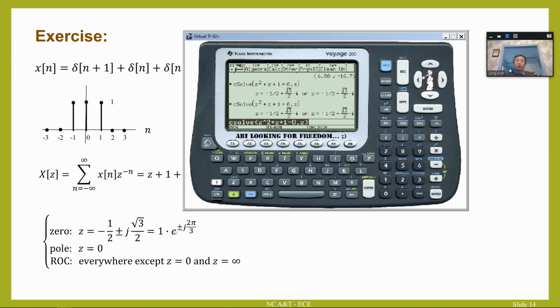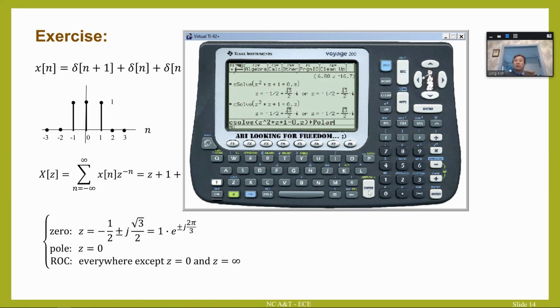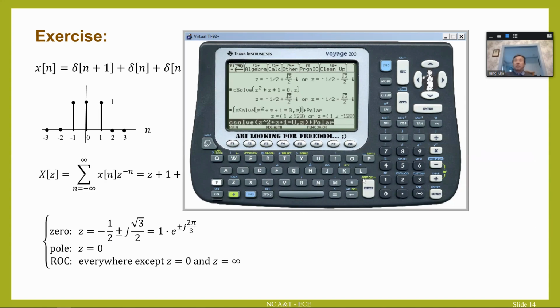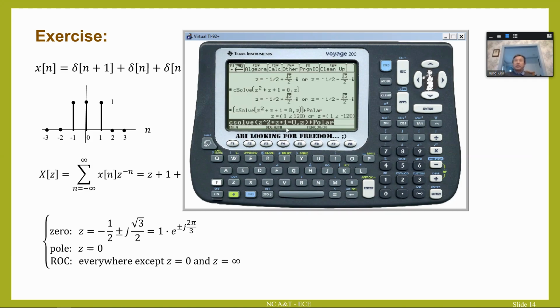If you change it to polar form, we can see the magnitude is 1, and I set the angle in degrees instead of radians.